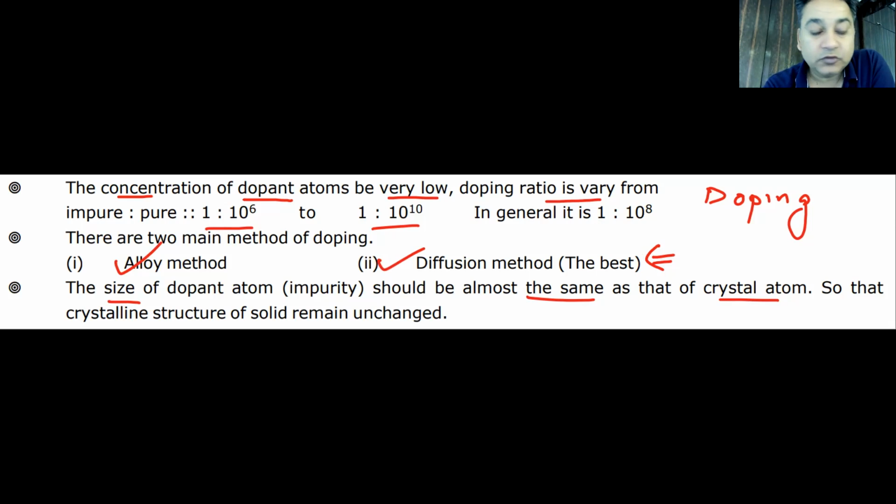Yes, sir. So we add an impurity or dopant of the same size. Remember, these are the properties of this dopant. Should not forget it. Please note it down, sir.